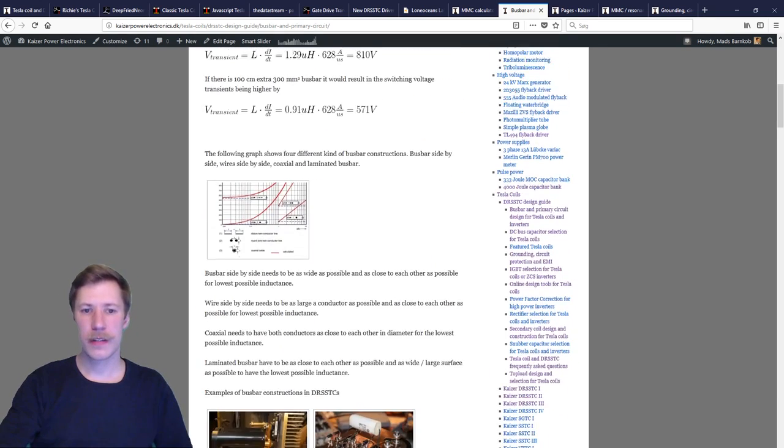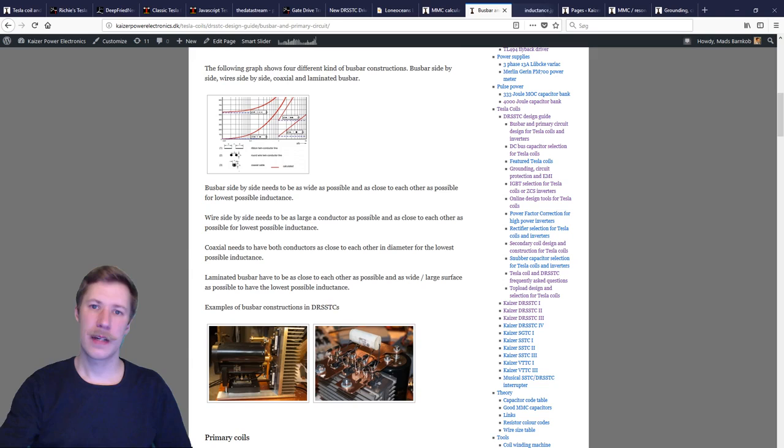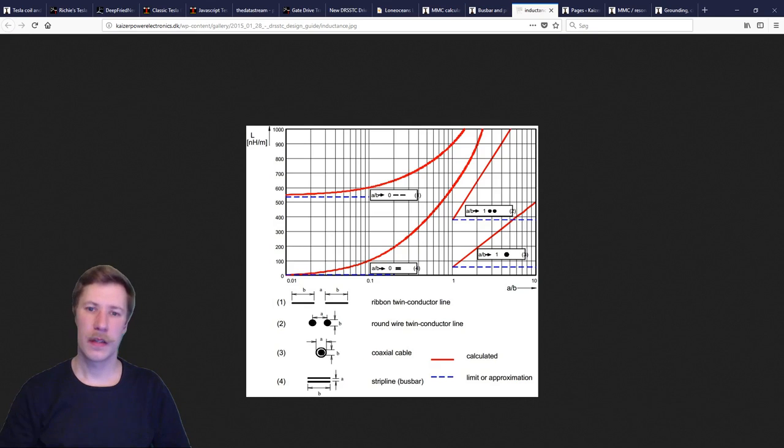Now, our inductance all depends on the kind of topology that we use. Here you can see the 4 different layouts of the DC bus bar or your primary circuit, and the inductance in your circuit depends very much on them.